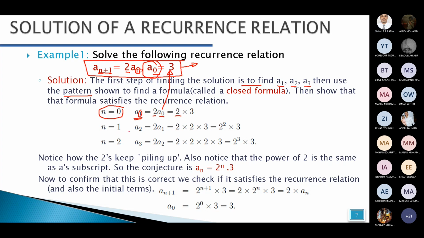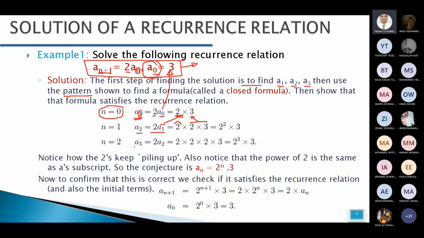Next one, term a2. It's 2 multiplied by term a1. Term a1 here, we already calculated it. So it's 2 multiplied by the value from a1, which is 2 multiplied by 3.